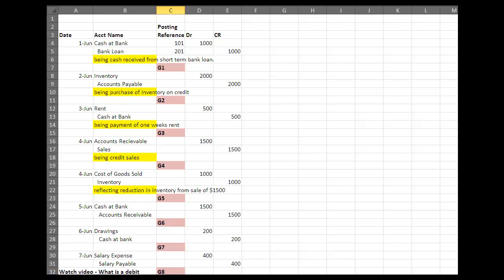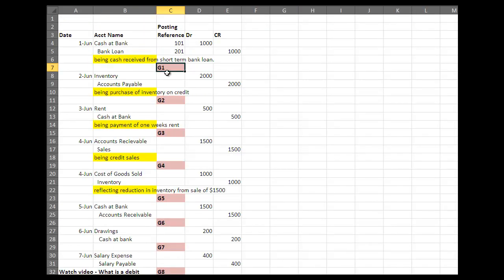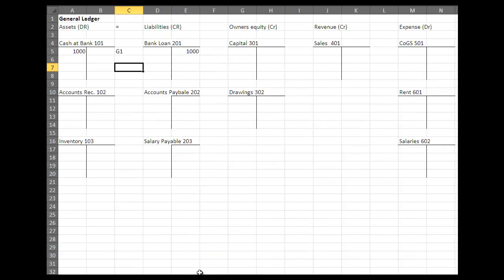Right, now I haven't really left the space over here in the general ledger, but we would here put the journal reference somewhere, and the journal reference we can see for this one is G1. Now they're all not going to work so well as this, because these two line up, so that's G1, that works pretty well for us.